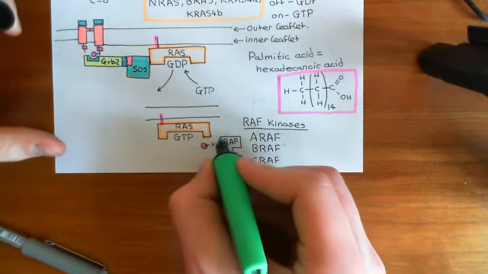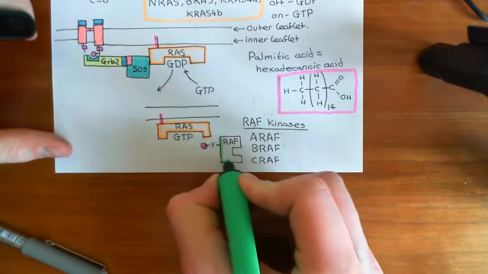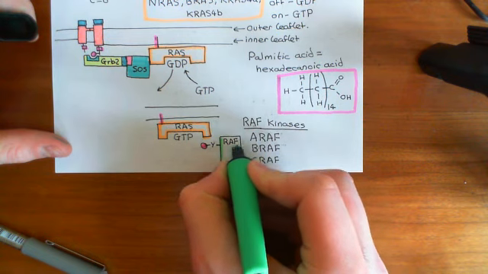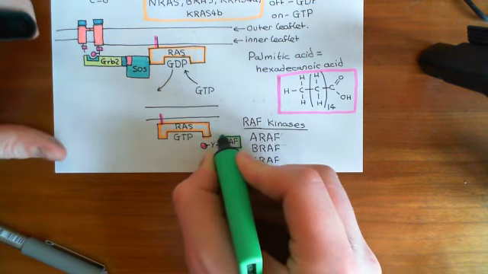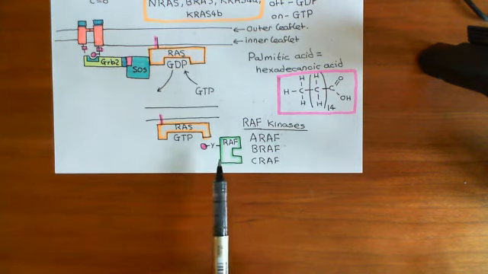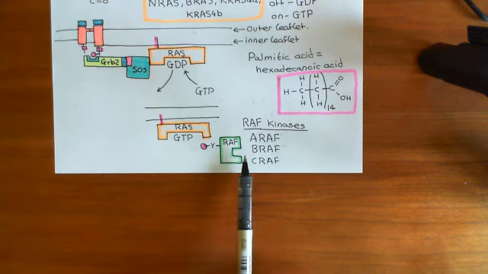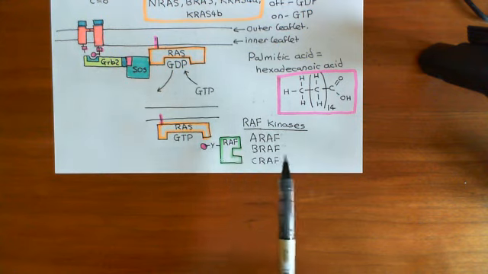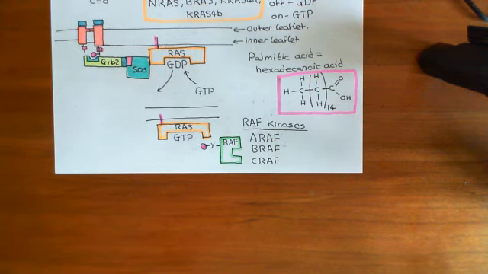But that's what happens. The RAF kinase gets phosphorylated on a tyrosine residue when it interacts with a Ras monomeric G protein, and this turns it from being in an inactive state to being in an active state. So it's now going to go off and phosphorylate the next protein along in this signaling cascade, and we'll come back to that in the next video.